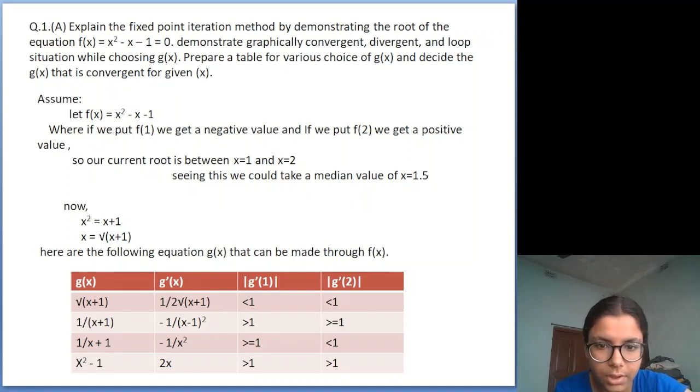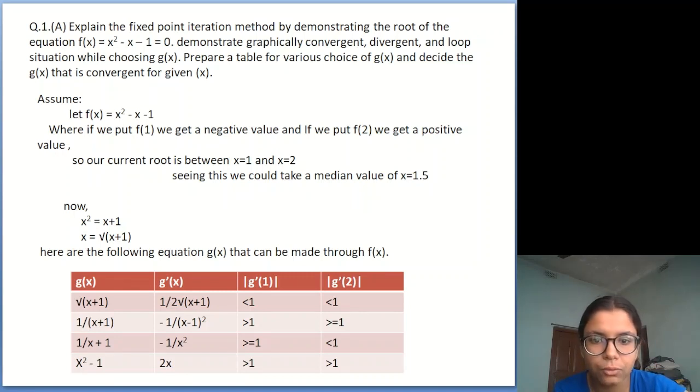And after this we have to take the derivative of these g(x) that you are getting familiar with. That is, root of x plus 1 is giving a derivative of 1 over 2 root of x plus 1. And so every one of these g(x) has given a derivative.